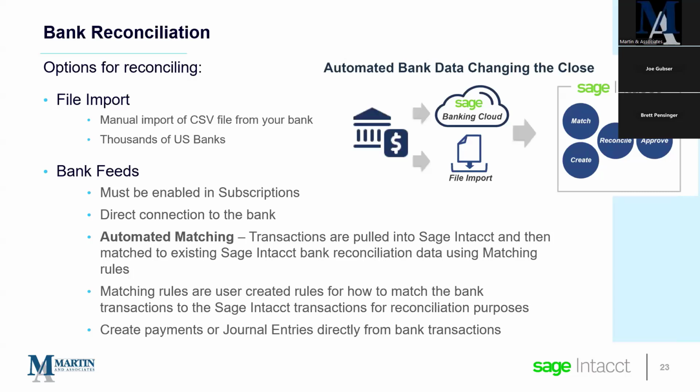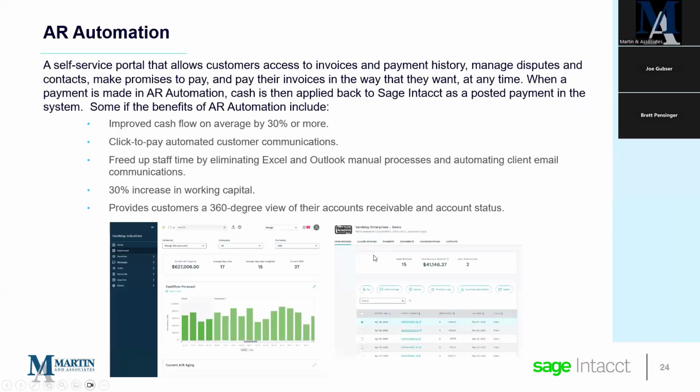Discrepancies it finds, it will report them and let you know we can't find this type of stuff. But if it has things like interest or fees or things that you haven't already accounted for inside of Sage 100, it'll automatically create the payments or journal entries for you that you can then look at and say, yep, those look good. Now you have it in both the banking side and in Intacct as well.